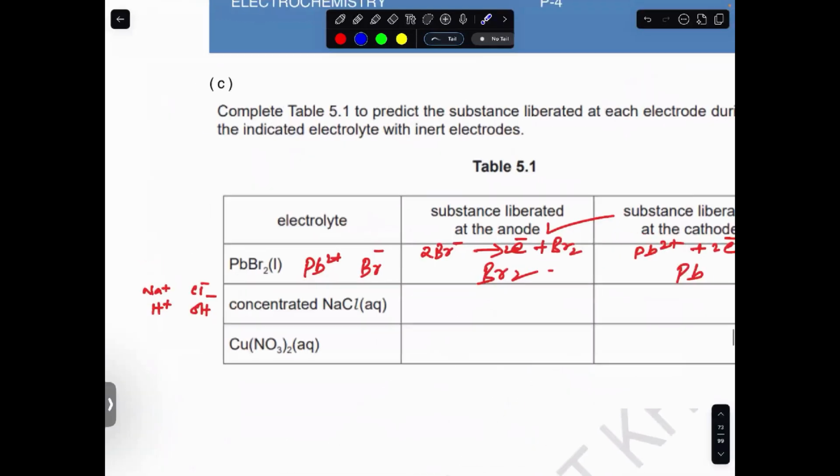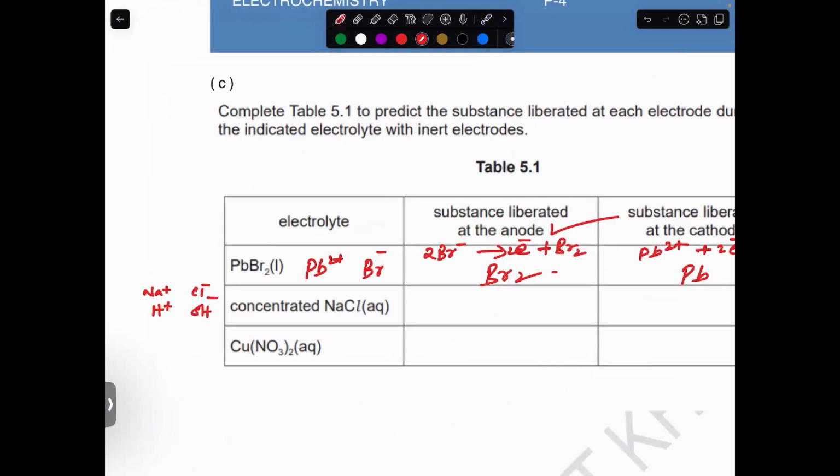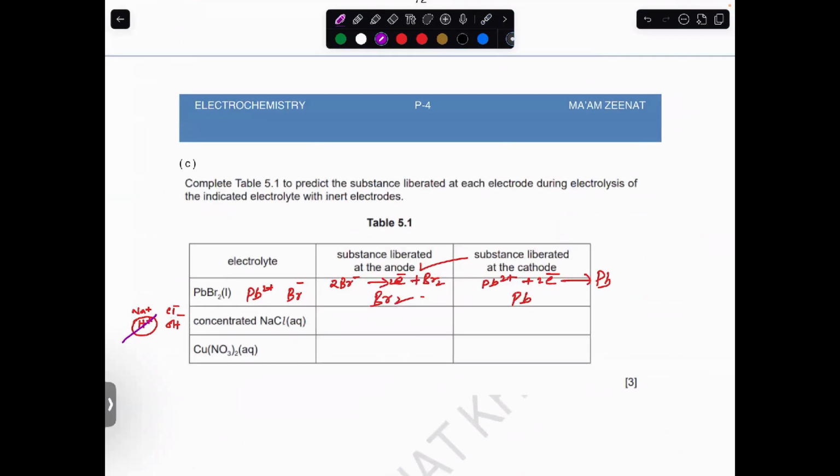So H plus will gain electron at cathode. 2H plus gain 2 electrons, hydrogen gas liberated. Among chloride and OH, it's chloride. So the chloride loses electron making green-yellow gas. And what is left? NaOH. So you get hydrogen gas, chlorine gas, and NaOH.